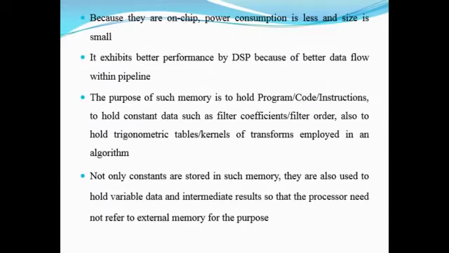And because they are on chip, power consumption is less and size is very small. This is what we consider when we go with on-chip memory.